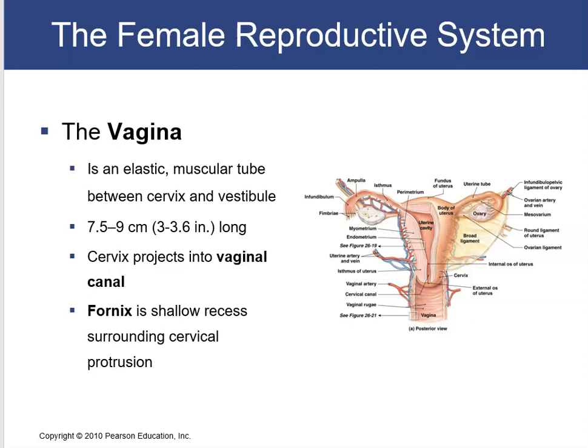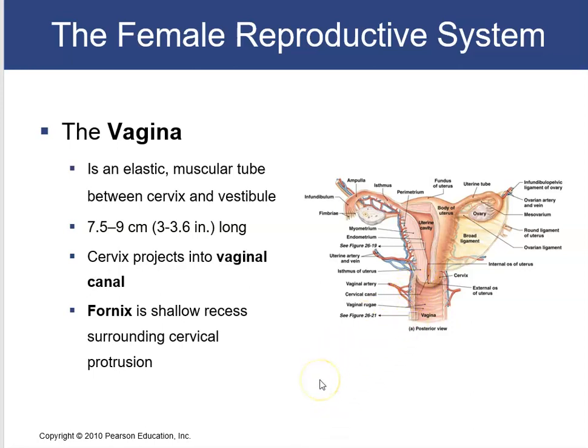Next structure is the vagina. This is an elastic muscular tube that runs between the cervix and the vestibule. It averages between 7.5 and 9 centimeters in length. Remember that the cervix projects into the beginning of the vaginal canal. This creates an area known as the fornix, and this is up in this area here.